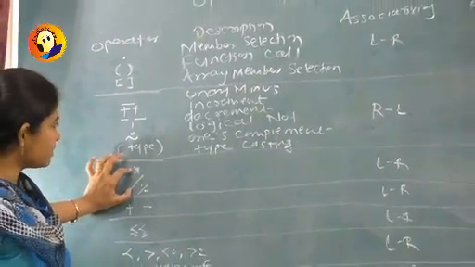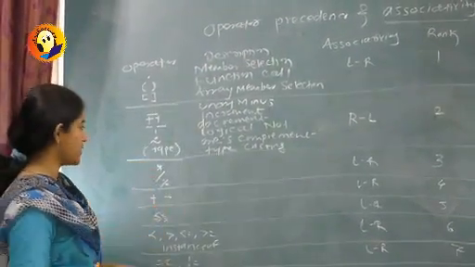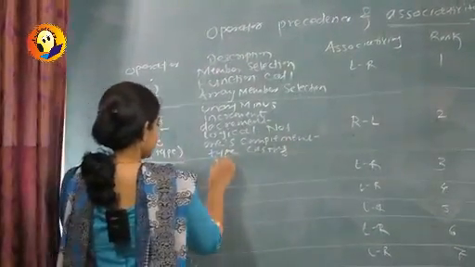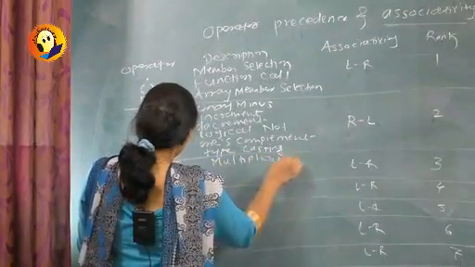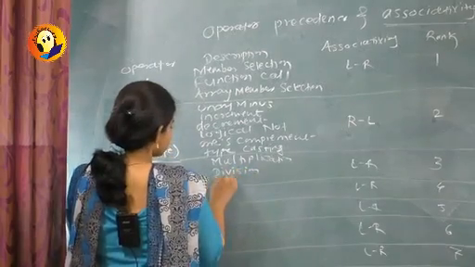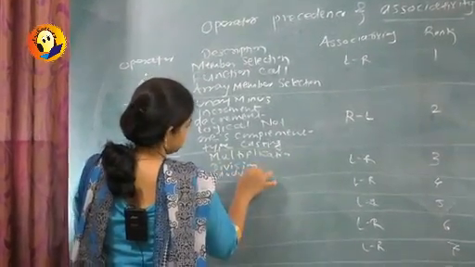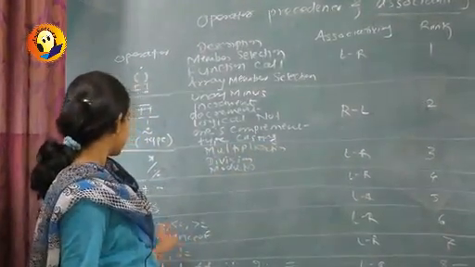In this particular sequence we need to consider our operations in a particular expression. So first one is multiplication, after that division, and third one is modulus or remainder. Associativity is from left to right and ranking is 3.